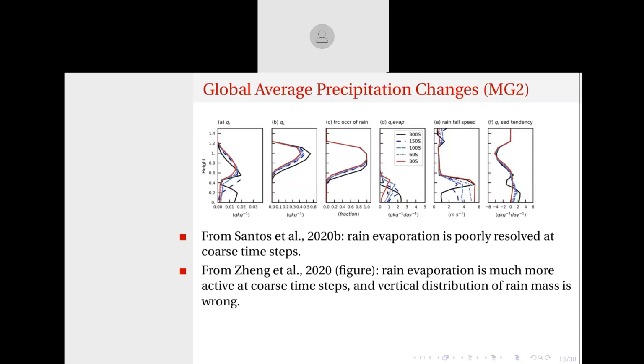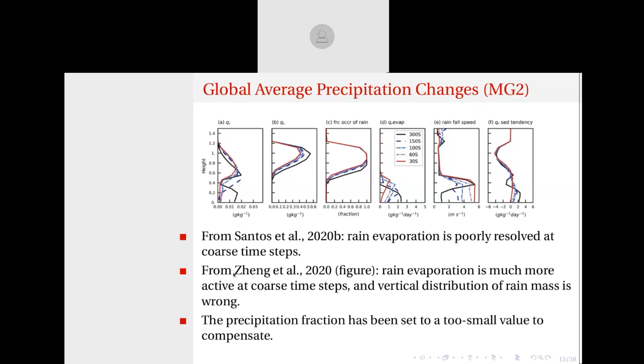And there's also a much higher evaporation when you run at the default model time step. If you reduce that all the way to 30 seconds, most of the rain evaporation is actually occurring right when the rain leaves the cloud, which really seems to make more intuitive sense, and it matches the case study from the MAGIC field campaign better, which is, I believe, where the single column case study came from. So what we see here is that this rain evaporation is much more active at coarse time steps.